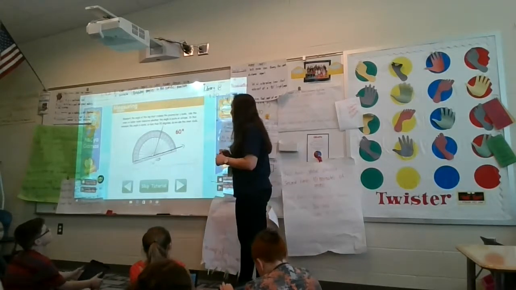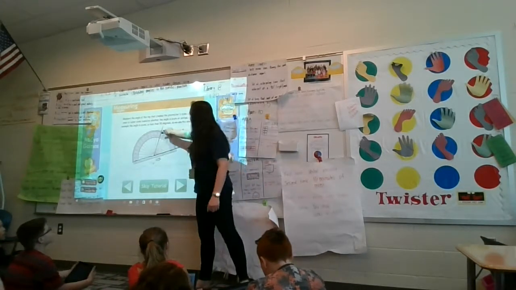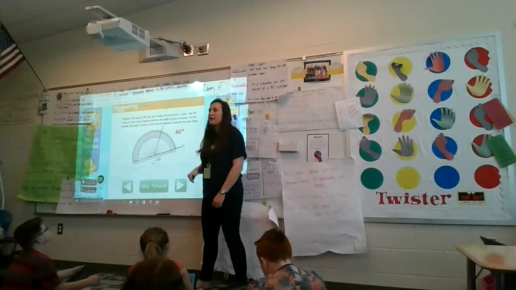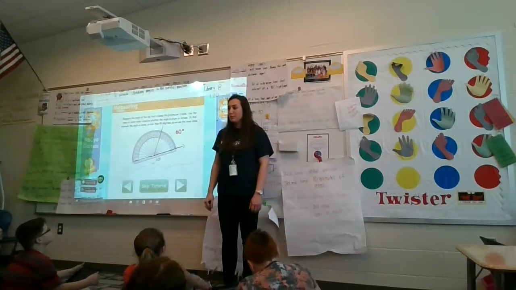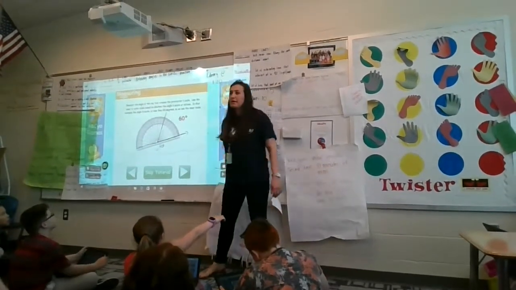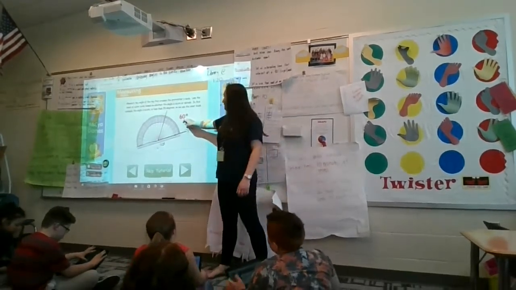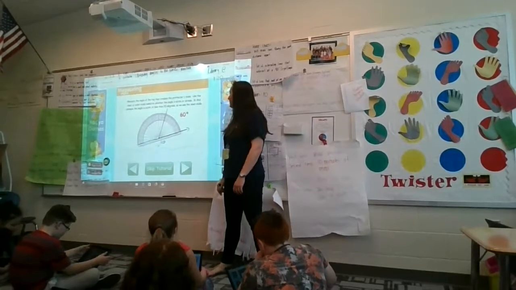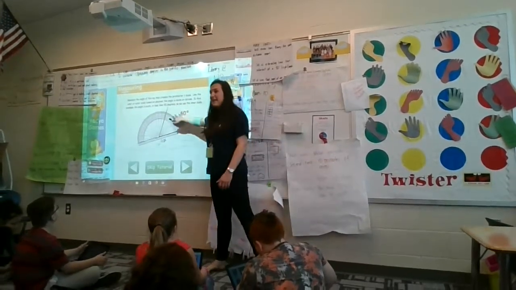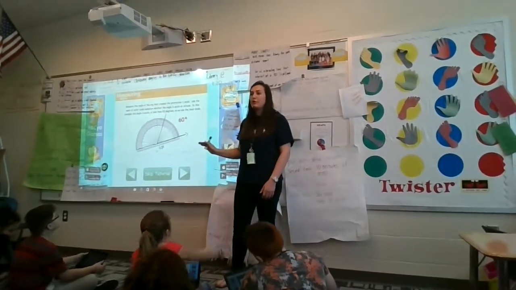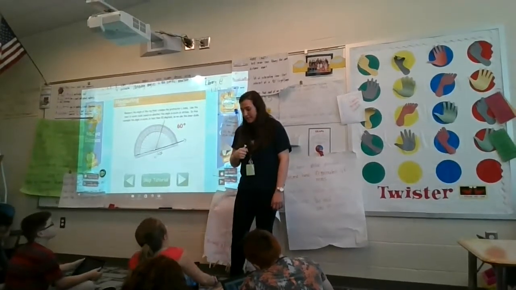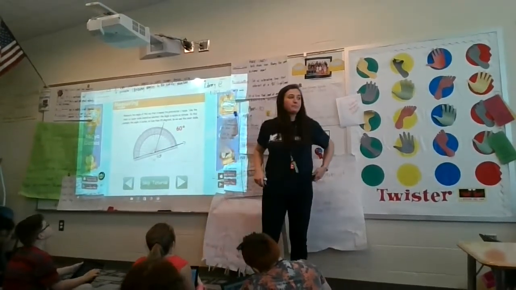So as we can see, this angle measures to be what? What does this angle measure to be? Everyone else. 60 degrees. Very good. So it is less than 90 degrees. So this will be what kind of angle? Go ahead. Acute. Very good.